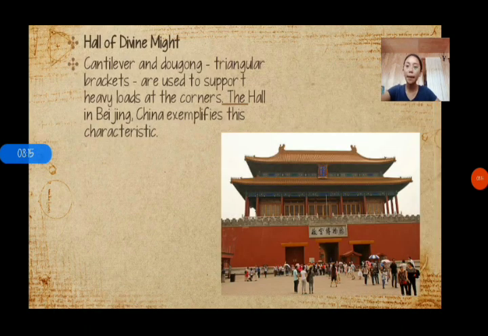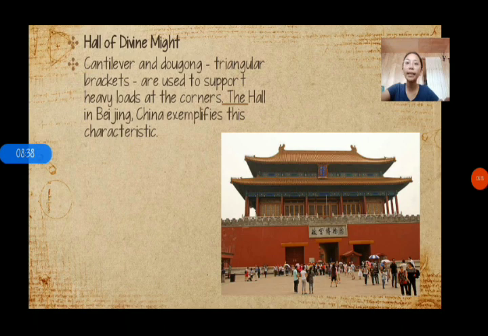The next example is the Hall of Divine Might. So, cantilever and dougong. These triangular brackets are used to support heavy loads at the corners. The hall in Beijing, China exemplifies these characteristics. As we can observe in the image, there is a cantilever and dougong.